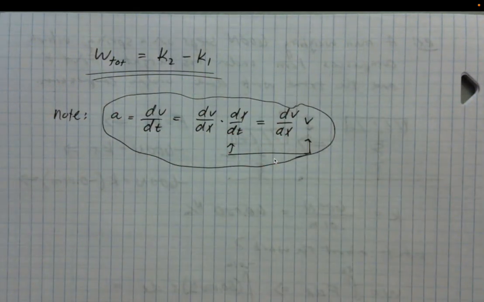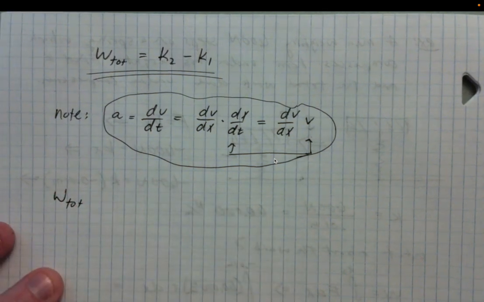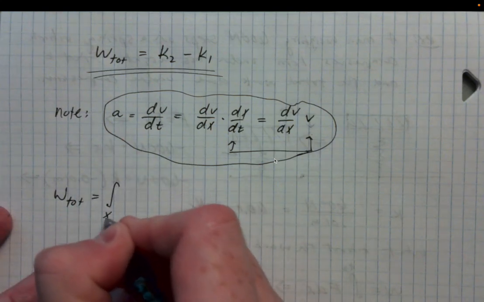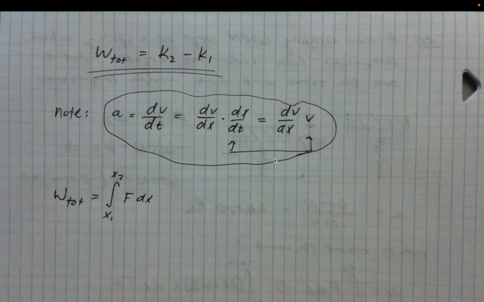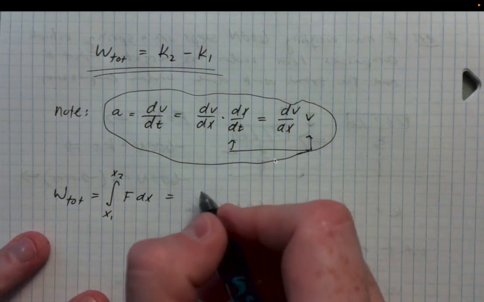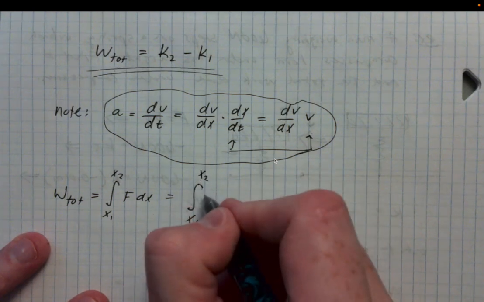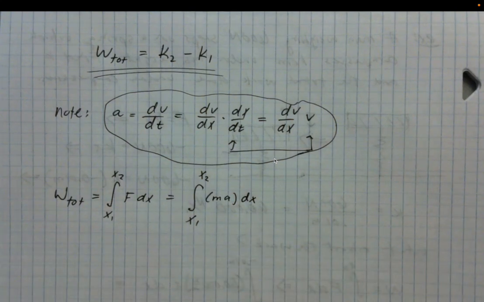So let's jump to the work energy theorem. Let's start with what work is when a force is variable. The total work done is equal to the integral from x1 to x2 of F dx. By Newton's second law, the force is ma, so this is the integral from x1 to x2 of ma dx.